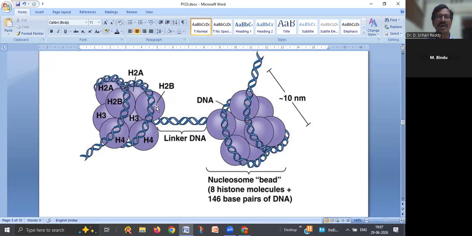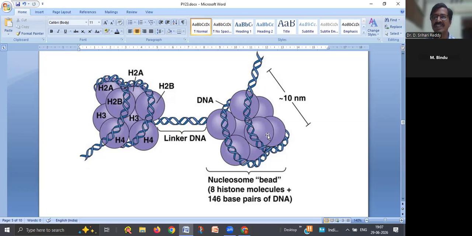So except in case of mitosis or the cell division phase, DNA is wrapped, it is coiled. So it coils around the histone proteins. You see H2A, H2B, H3, H4. All these are the histone proteins. There are 8 histone proteins in each nucleosome.